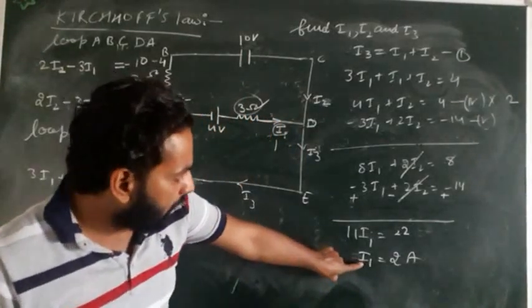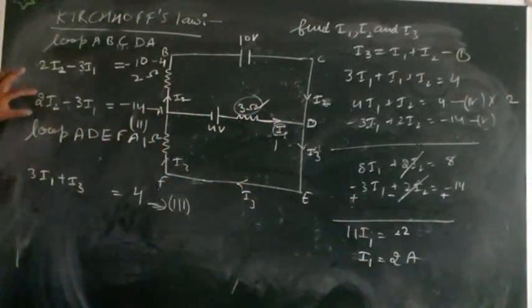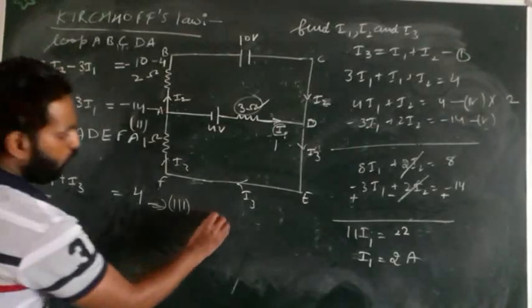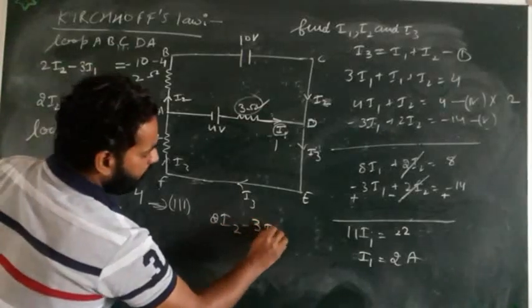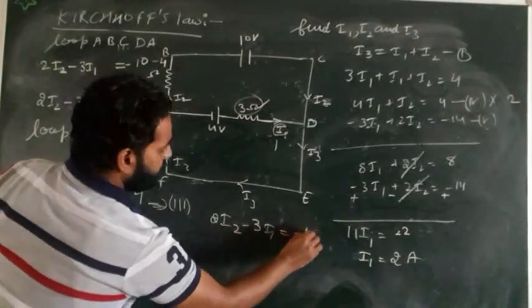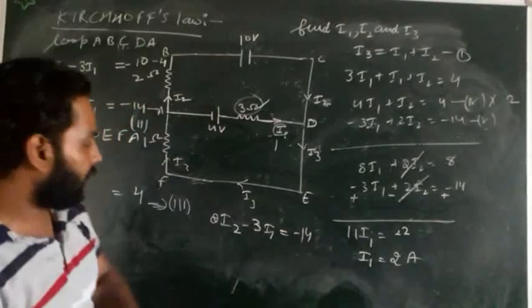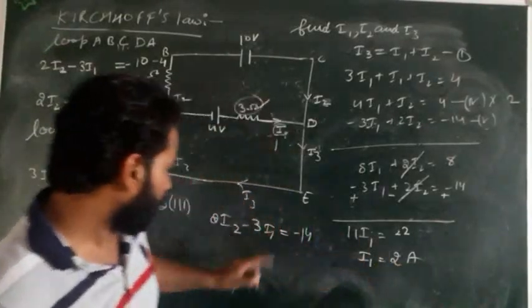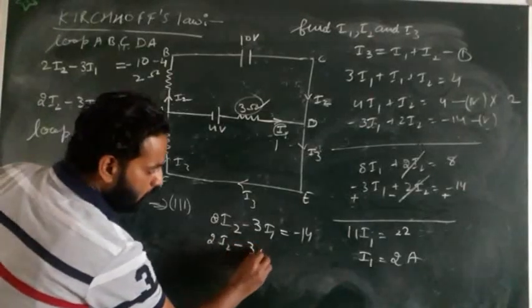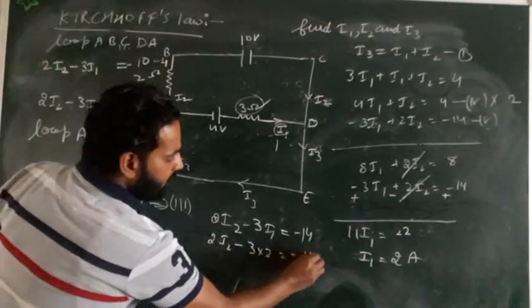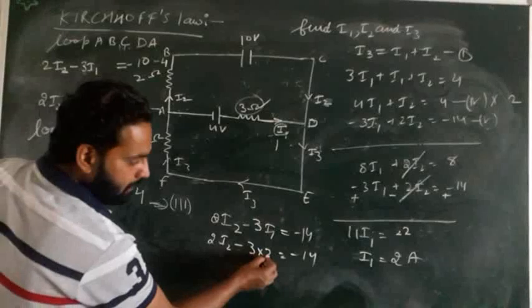So now we have the value of I1. If we put the value of I1 here, we can find the value of I2. So now 2I2 minus 3I1 is equal to minus 14. Put the value of I1 here. What is the I1 value? 2. So put 2 here. So 2I2 minus 3 into 2 is equal to minus 14. 3 into 2 is 6.